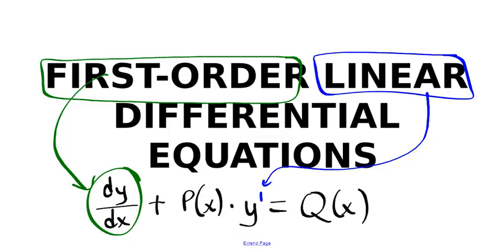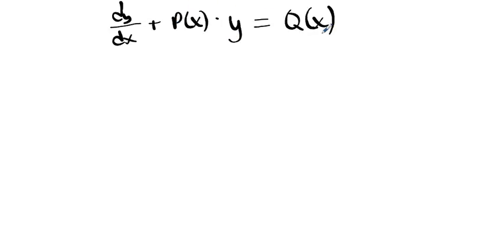And I think it's doable. I'd like to show you why the method we're going to study works. This is dy/dx plus some function of x times y is some other function of x. So what I'd like to do is multiply by some function v of x on both sides.